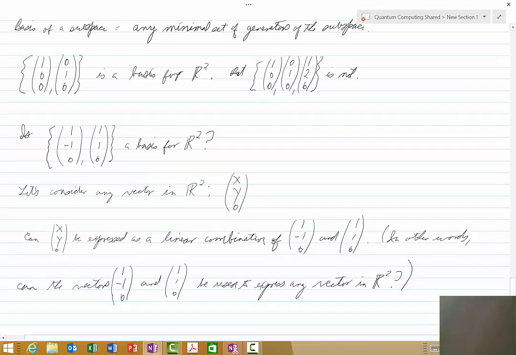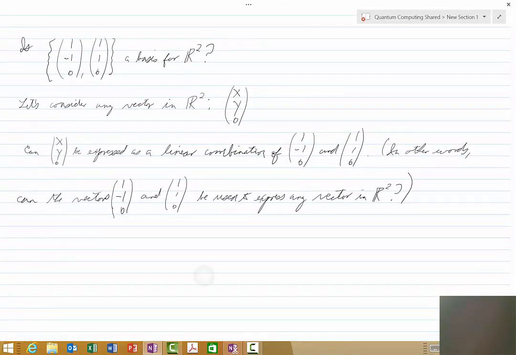That's what we're asking here. Okay, so let's see. X, y, 0. We're going to try it out. We'll hope that it works, and we'll see. We'll suppose that it's equal to alpha times 1, -1, 0 plus beta times 1, 1, 0. Now we have to find out if there is an alpha and a beta that would work.